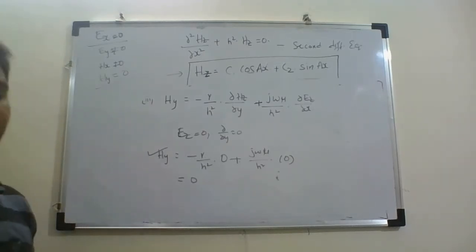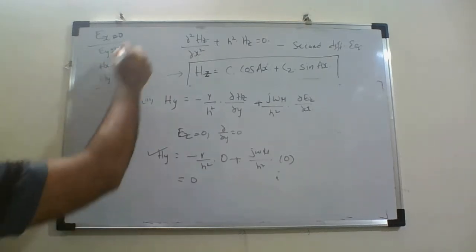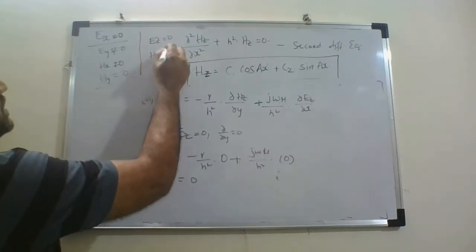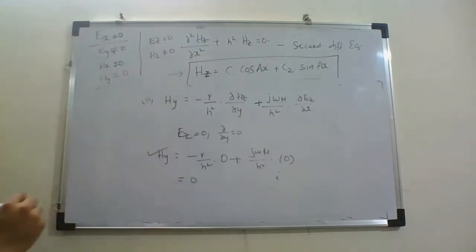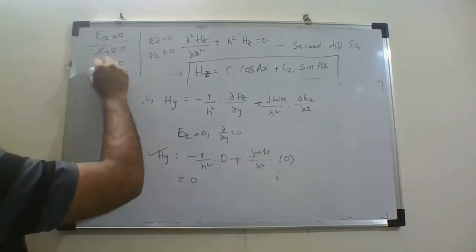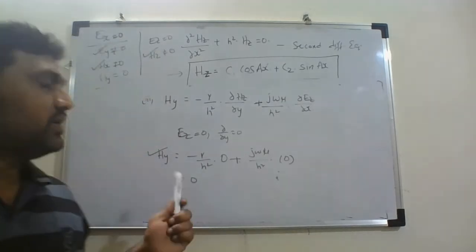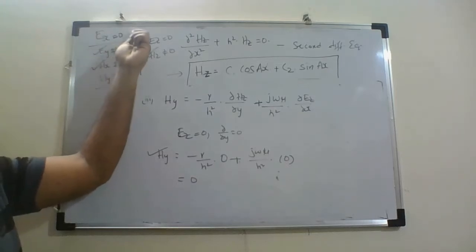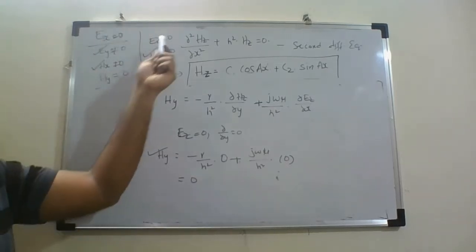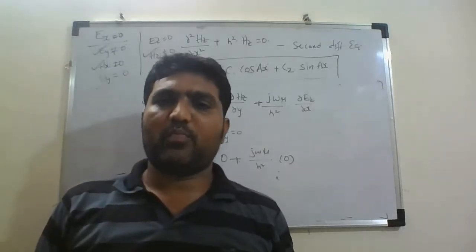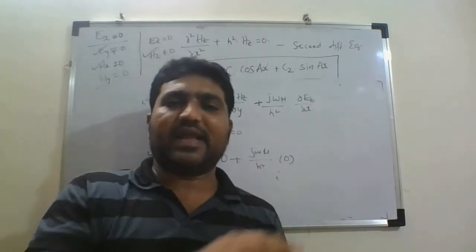In case of a TE wave, a transverse electric wave, we got Ez equal to 0 and Hz not equal to 0. So we will have three components: Ey, Hx and Hz. And the other three components, Ex, Hy and Ez, are equal to 0. For this TE wave propagation, the wave is propagating along the z axis.